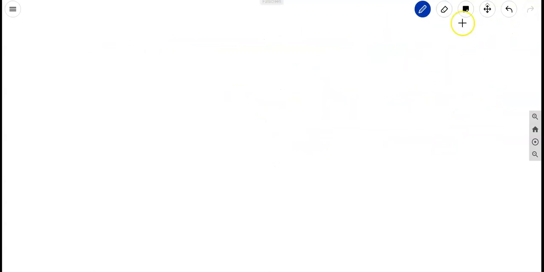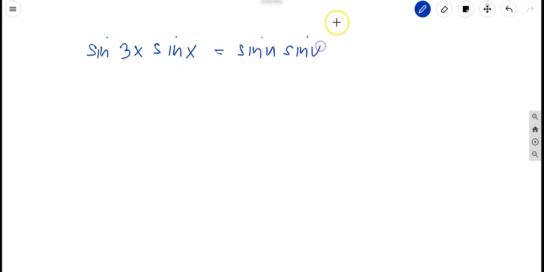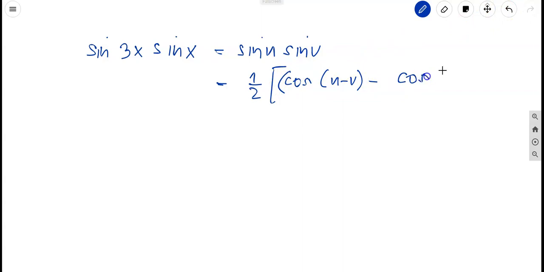Next example, sine 3x sine x. This one is a sine u sine v function, which gives us 1/2 times cosine u minus v minus cosine u plus v.